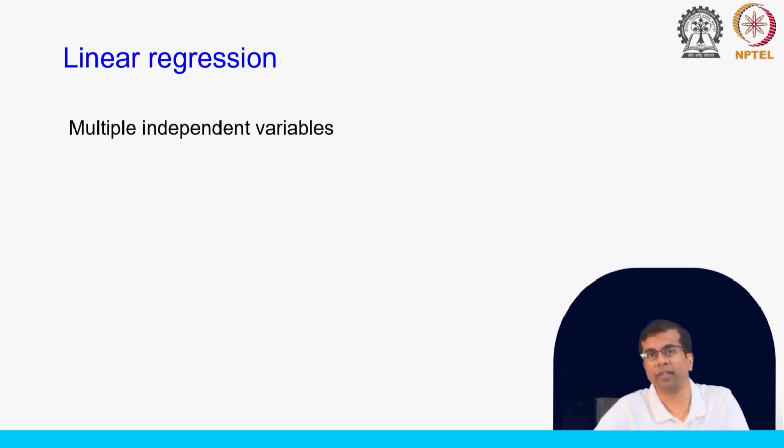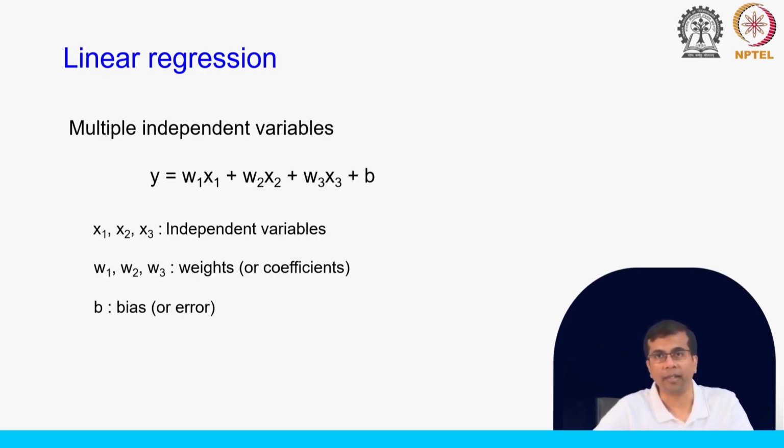The first scenario is where we have multiple independent variables. The dependent or response variable y is modeled as w1 x1 plus w2 x2 plus w3 x3 plus b.